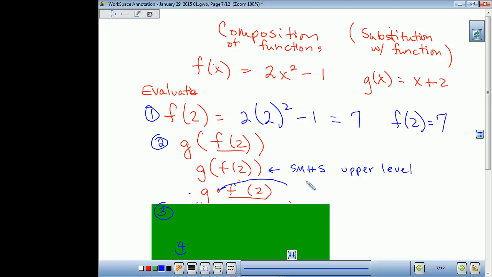But the open circle is going to mean the same thing. I like this form better. It's easier to type. I don't have to go hunt for this symbol. Makes more sense to me too because it looks like 2 is plugged into F, which is plugged into G. Okay, we just evaluated F of 2. We know it's 7. So now we do G of 7, and G of 7 is 9. So G of F of 2 is 9.